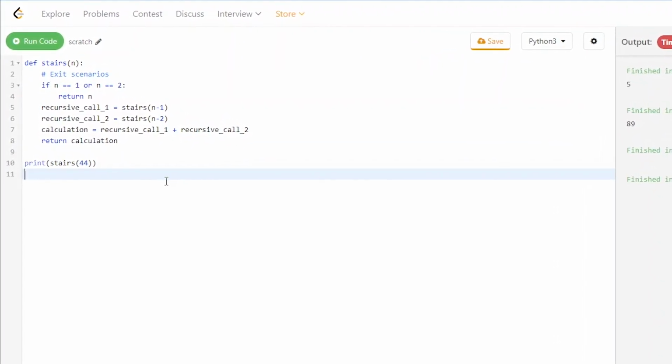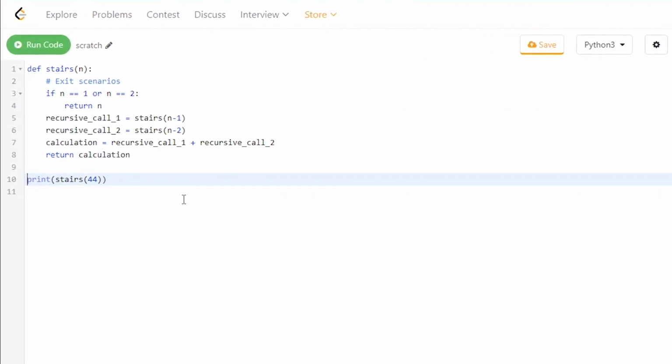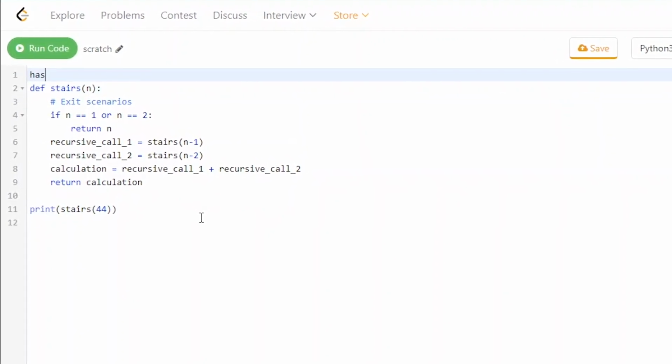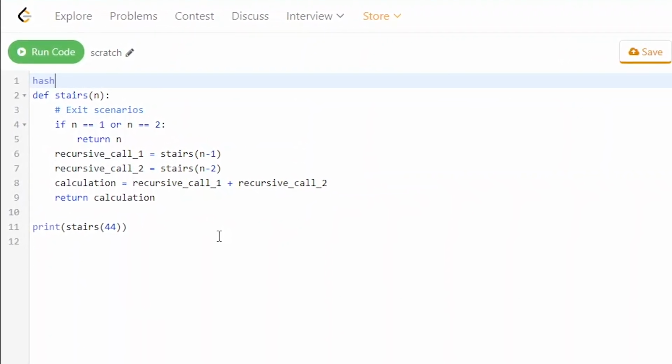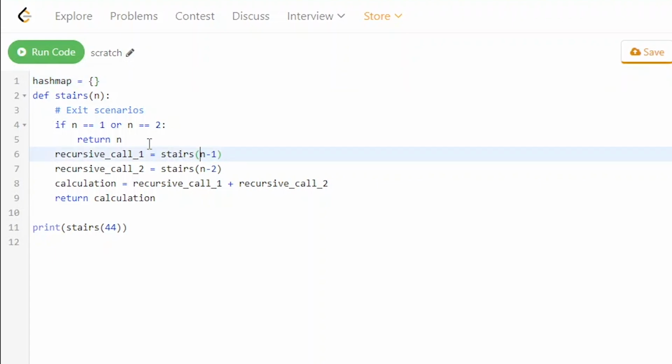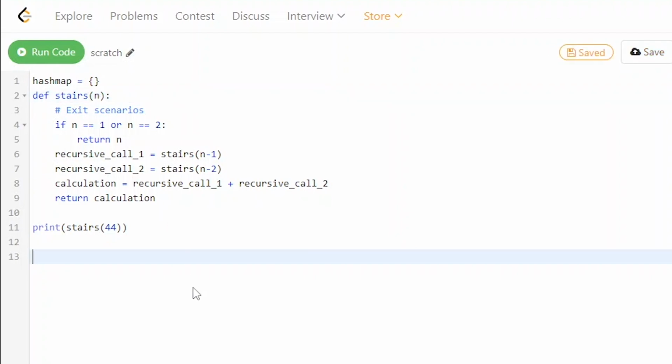Okay, I will give you a brief about how hash maps would work. Let's not go into detail, but I would like to show you how we can avoid this time limit exceeded issue. So let's create a hash map, call it an empty dictionary. How exactly a hash map works is, if we are trying to calculate stairs of 5, but while calculating stairs of 5 in the process, it has already calculated stairs of 1, stairs of 2, stairs of 3.